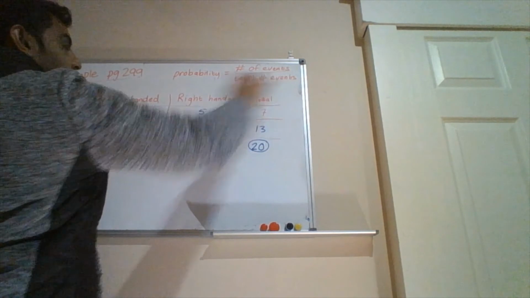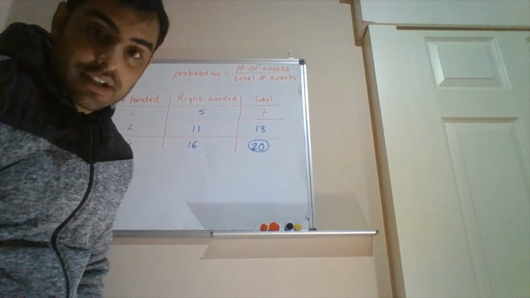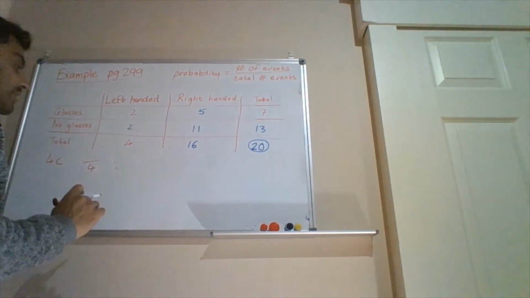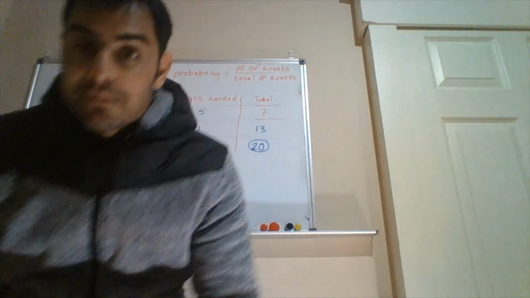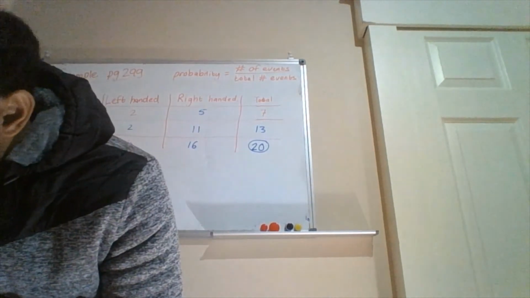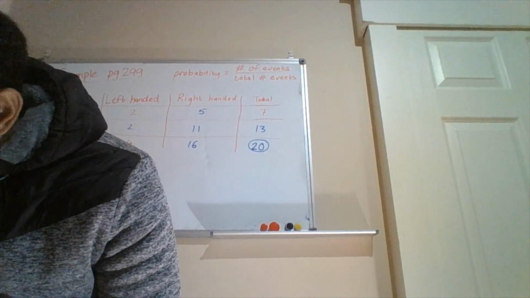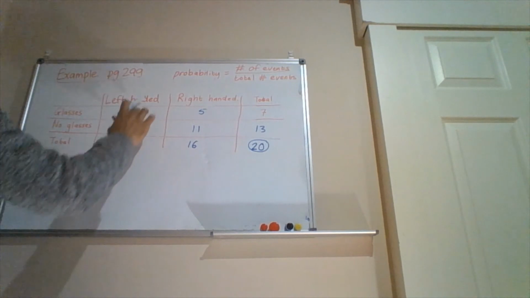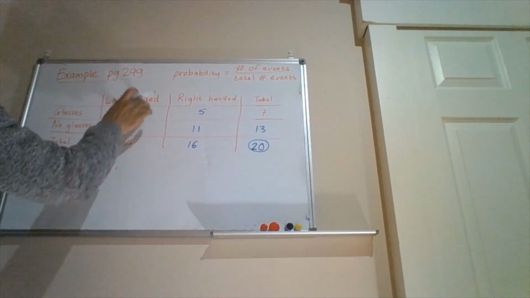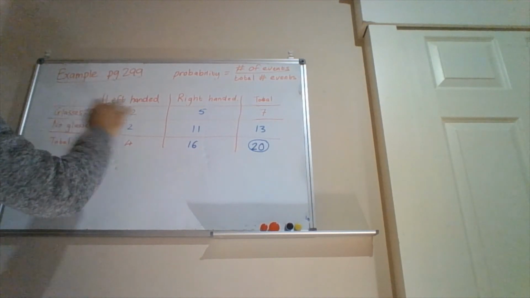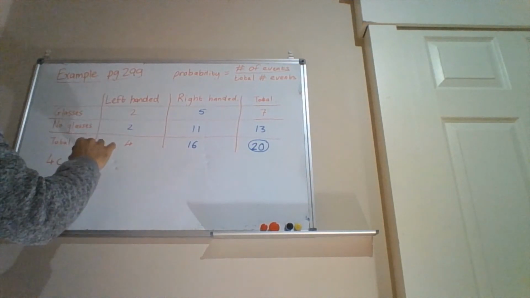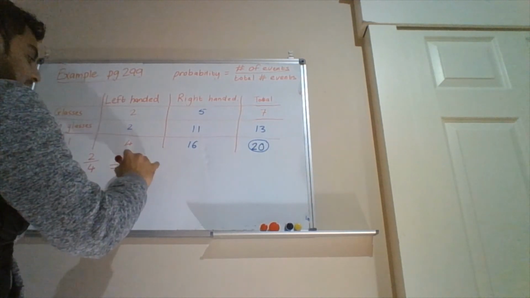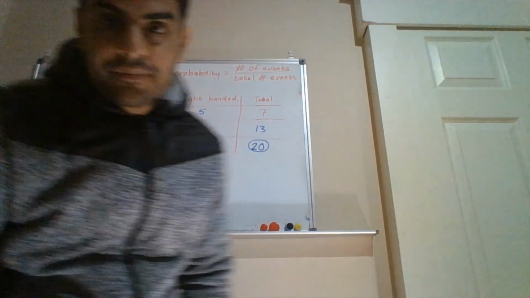So that's going to be the total number of events, the total number of possibilities we can pick from, the 4 students which are left-handed. And the number of events we're interested in is for wearing glasses. So the number that are left-handed and wearing glasses intersects at this 2. So the probability is 2 out of 4, which simplifies to a half.